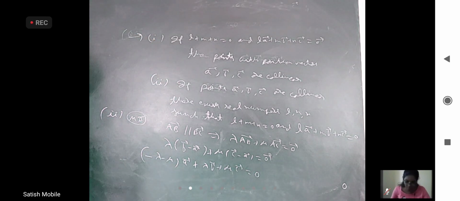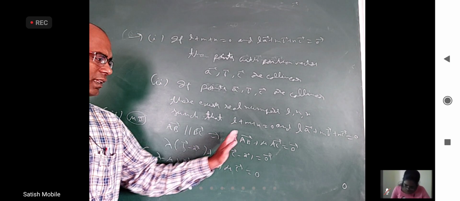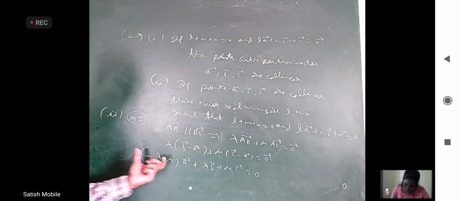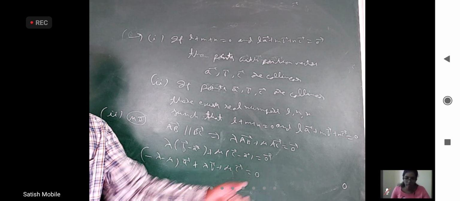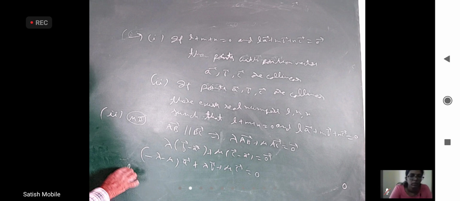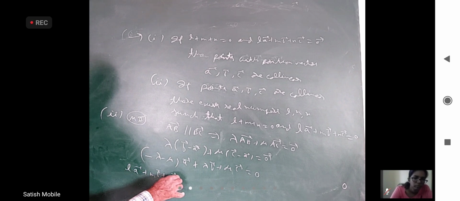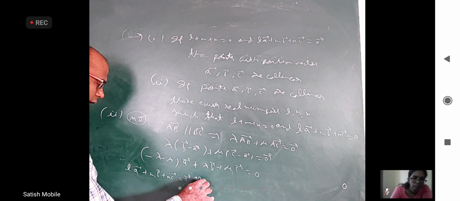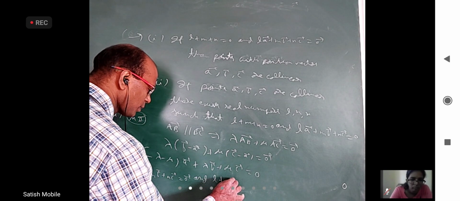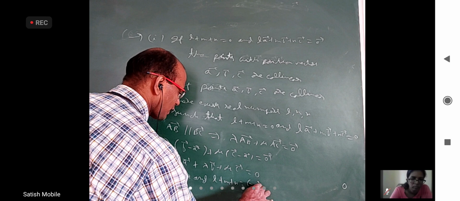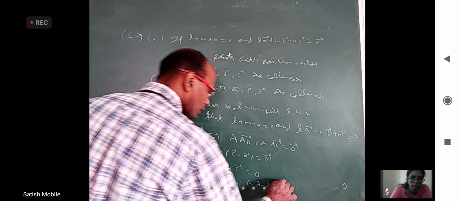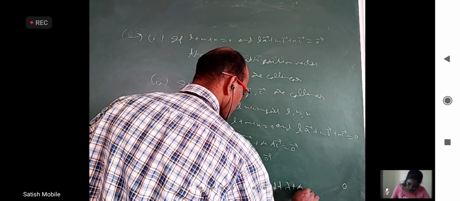Again, you can see whenever they are collinear, definitely there exist some numbers lambda, mu where the sum of A bar coefficient, B bar coefficient, C bar coefficient is 0. So again, we got LA bar plus MB bar plus NC bar equal to 0 bar, and L plus M plus N is minus lambda minus mu plus lambda plus mu, which is 0.